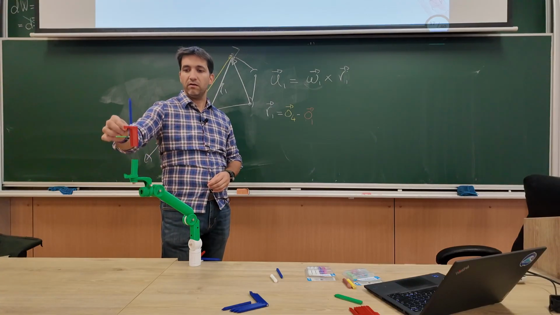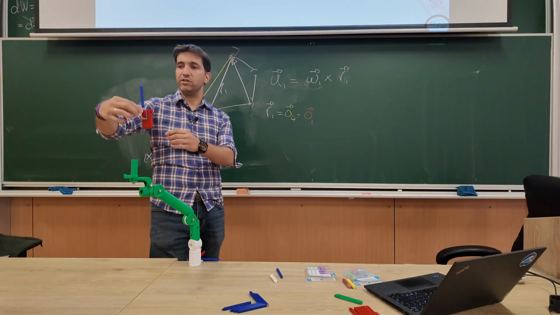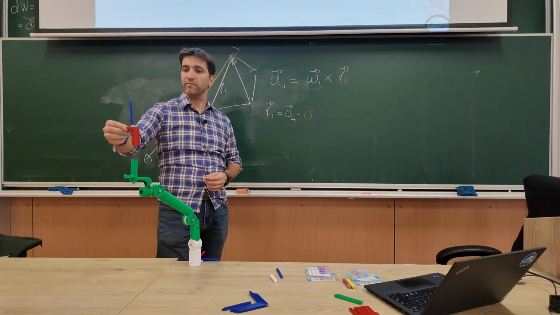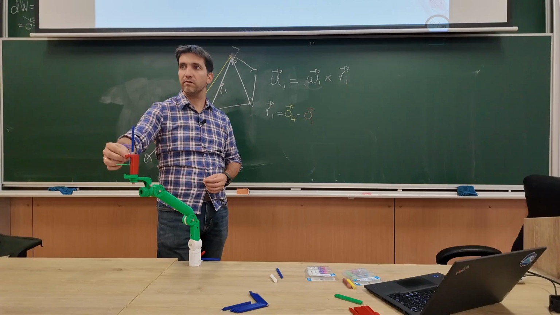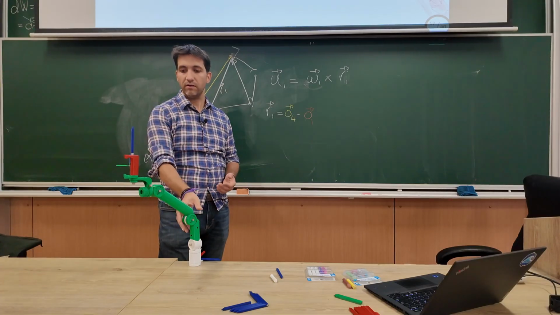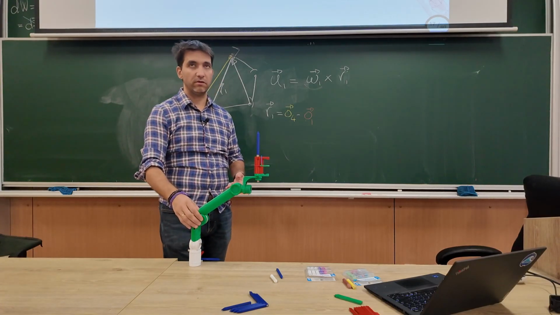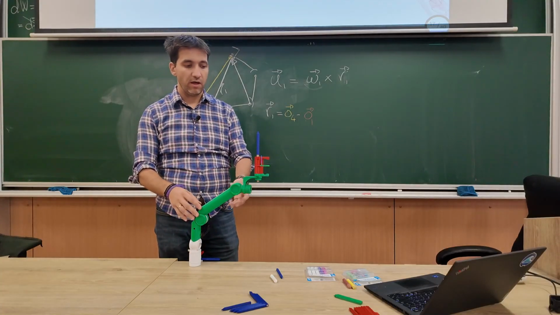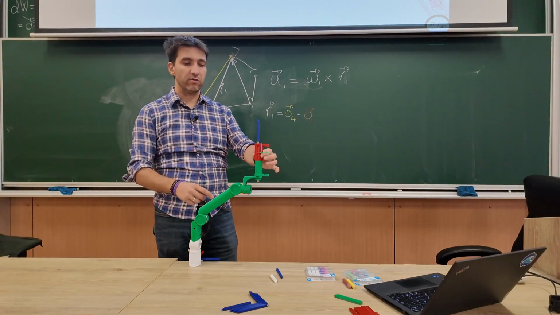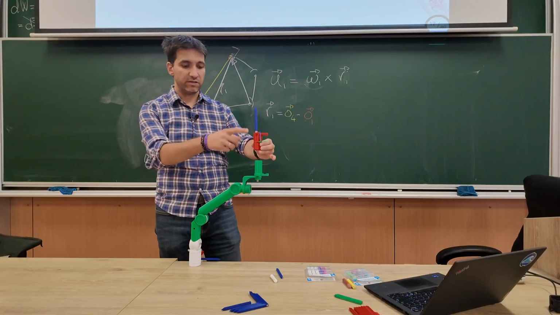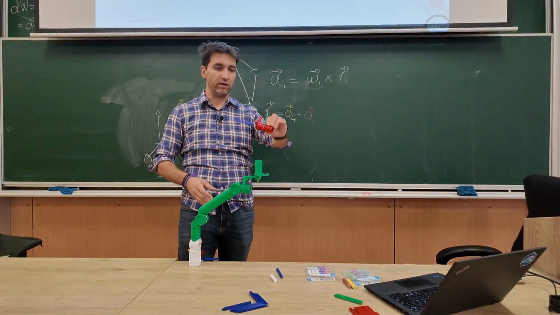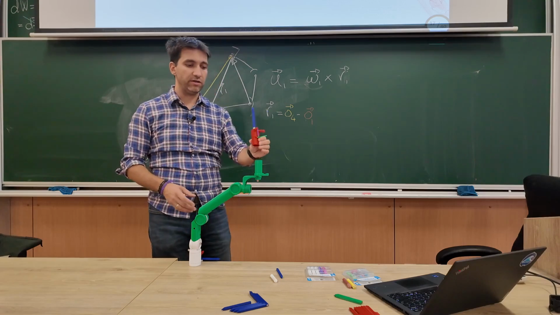If I just translate, I'm not changing the orientation of the object. The angular velocity vector will be 0 because I'm not changing the orientation when I'm translating. I'm still keeping the same orientation.